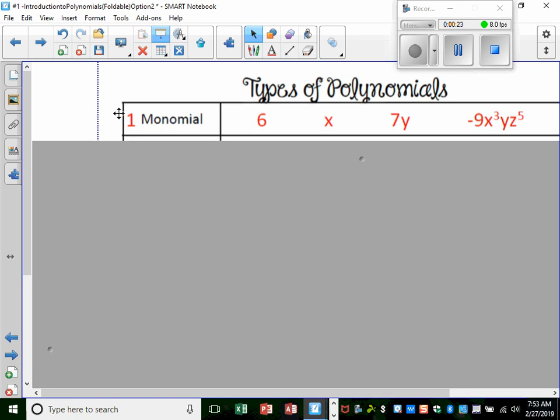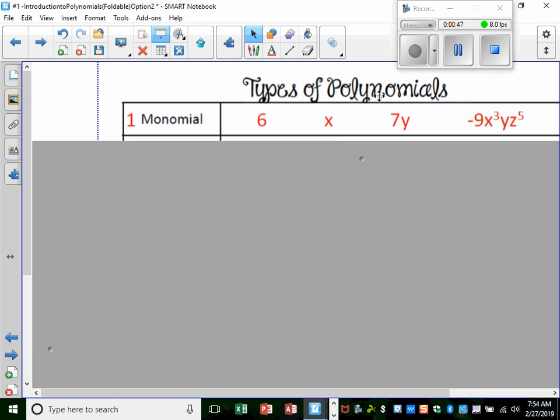Okay, so this first type of polynomial is called a monomial. A monomial just simply means one term. So that's why you see the number 1 here. So you want to add that to your foldable. So one term could be like a constant, a 6. One term could be a variable, an x. It could be a variable and a number together.